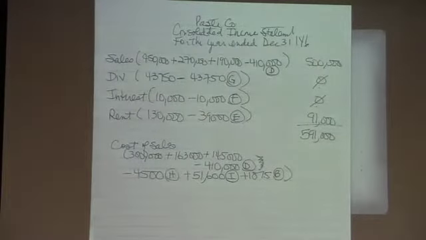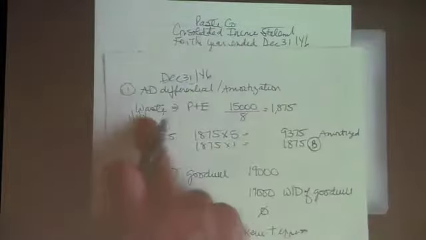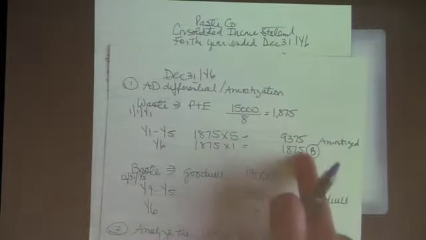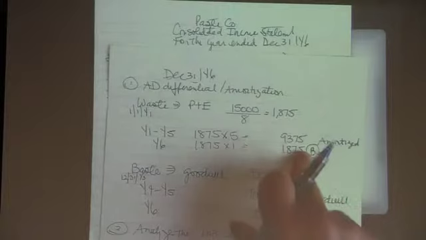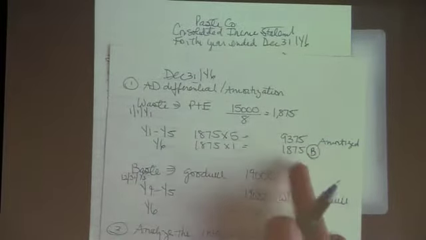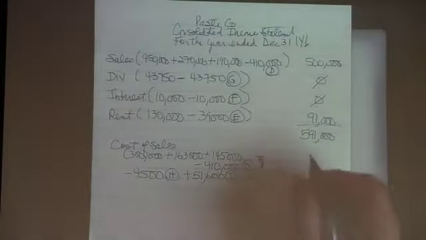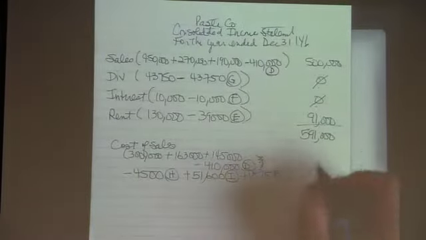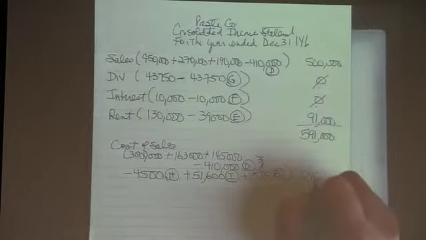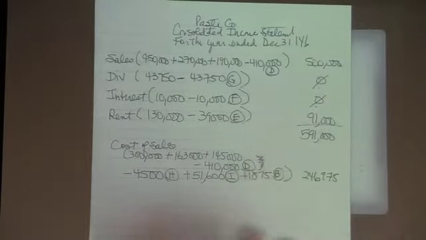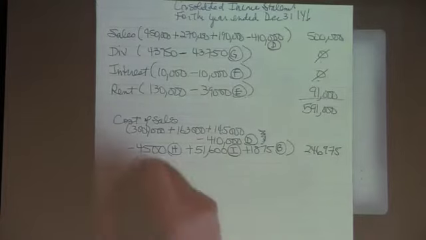So I wanted to make sure that this acquisition differential that we calculated related to property plant says in there that it was used for manufacturing, which means it's part of cost of goods sold. And that's why we're adding that amortization of it. And that gives us 246,975.